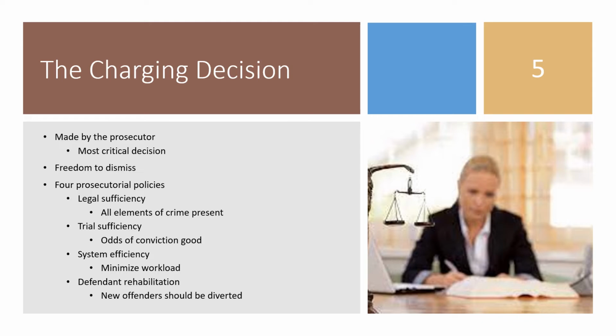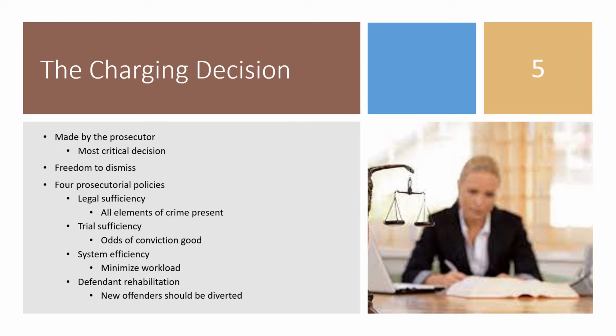And system efficiency is how do we get these cases moved very quickly? This is very much in line with the criminal justice approach, that whole conveyor method. So oftentimes in system efficiency, they tend to either charge what they think they can charge, what they have legal sufficiency for, and they move it very quickly.